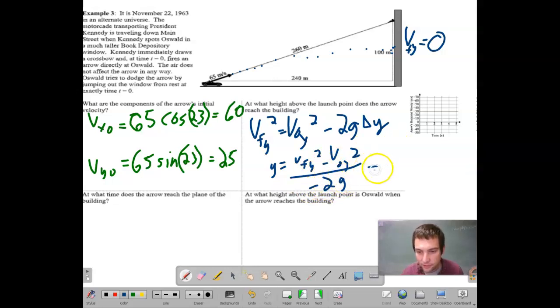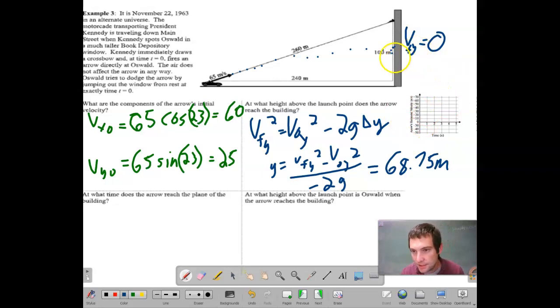This will be negative on the bottom, this will be negative on the top, so I'm going to get a final positive height. And whenever I do that, I get 0 minus 25 squared is 625, divided by 20 gave me 68.75 meters above the ground.